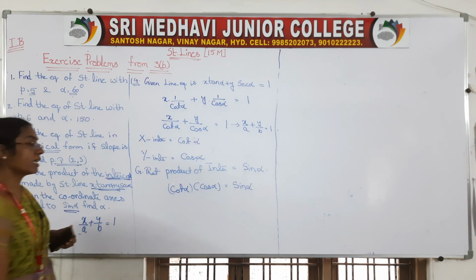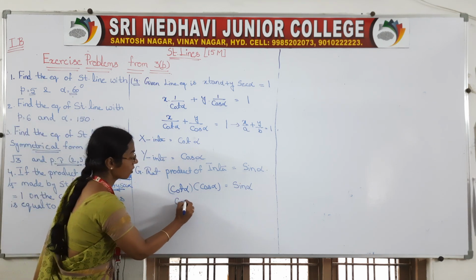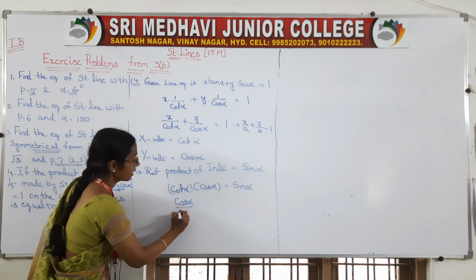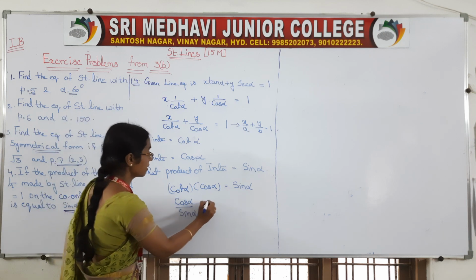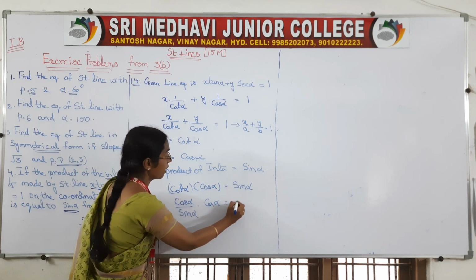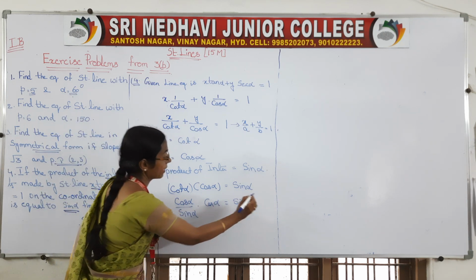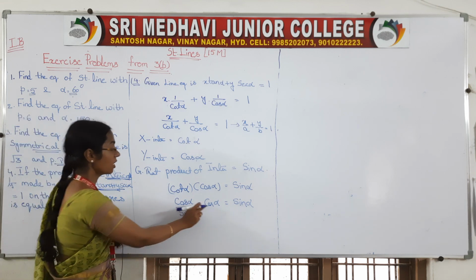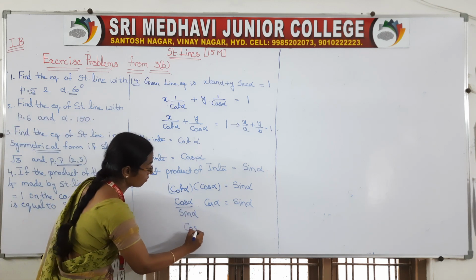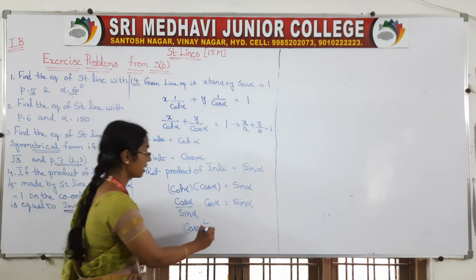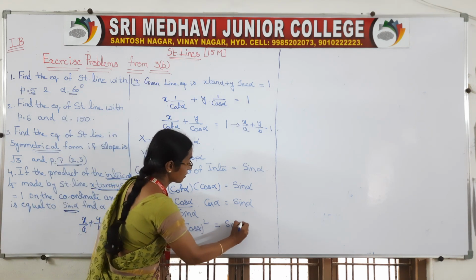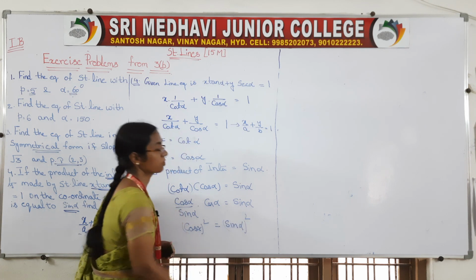So cot alpha can be written as cos alpha by sin alpha, and this is into cos alpha is equal to sin alpha. Cos alpha into cos alpha, whole square, is equal to sin alpha into sin alpha, whole square.